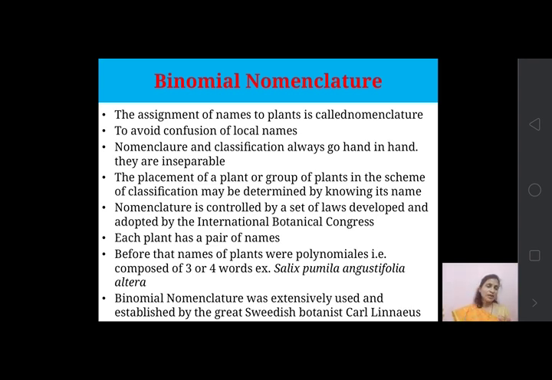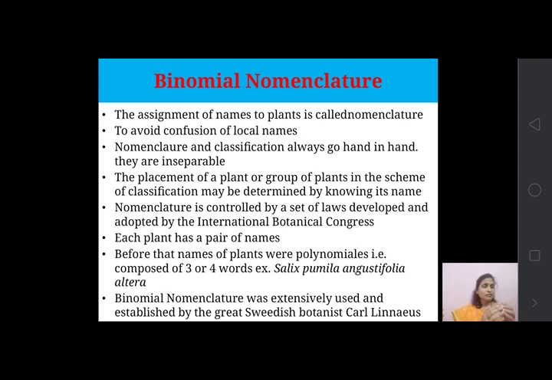Nomenclature and classification always go hand in hand because they are inseparable. When you do the classification, you have to know the name of that plant. When you classify a plant, that means placing any plant or group of plants in a particular scheme of classification, you must know the name of that plant.